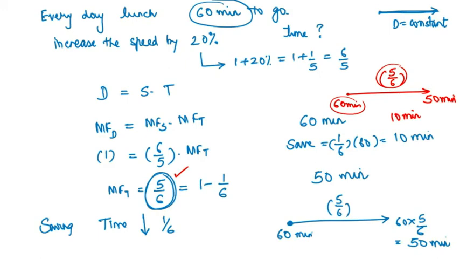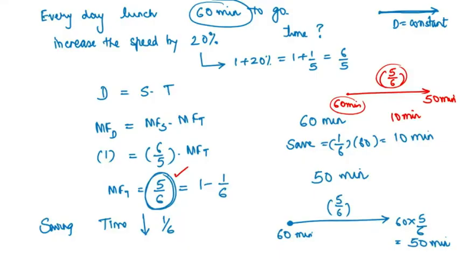I can take 1.2. You remember 1.2 is same as 6 by 5. I like fractions. Fraction is always easier to calculate, because if I take 1.2, then I need to find 1 by 1.2. If instead I take 1 by 5, this will give me a fraction 6 by 5. 6 by 5 is same as 1.2. So whether you do fraction or decimal, the answer will not change.